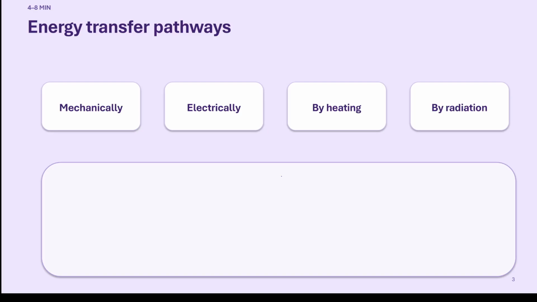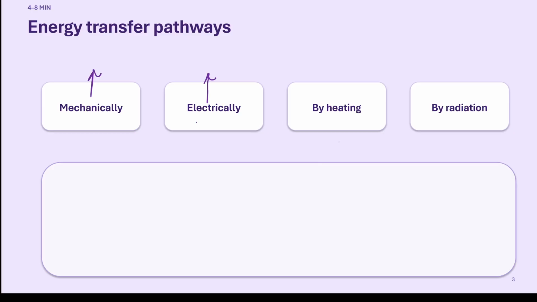Now, how the chemical energy store of the fuel has been converted into the kinetic energy store of the car is mechanically, because I'm applying force on the accelerator. How the power station's energy is decreasing and the kettle is getting its thermal energy is electrically, because you're switching it on.